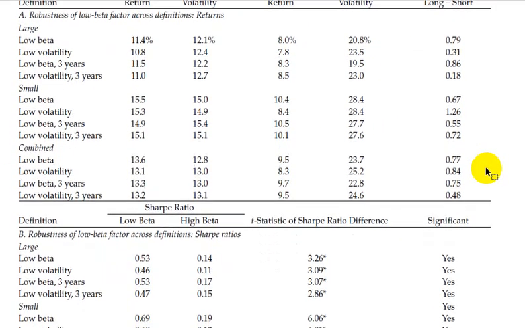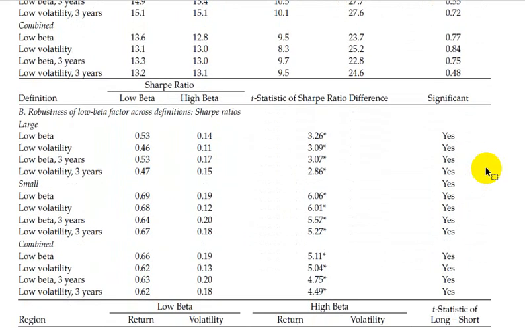But once we get down into looking at the Sharpe ratio, which may be more in line with investors who are long only, they would really care more about the Sharpe ratio of owning low beta versus high beta. And here we find that the t statistic is more significant for the Sharpe ratio.